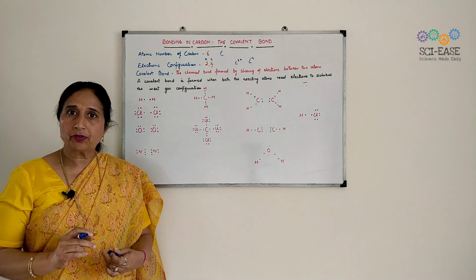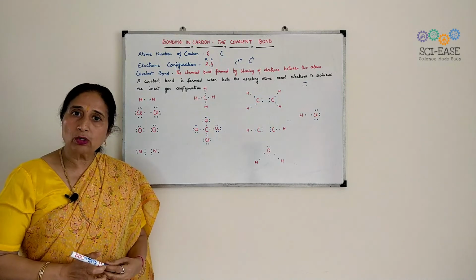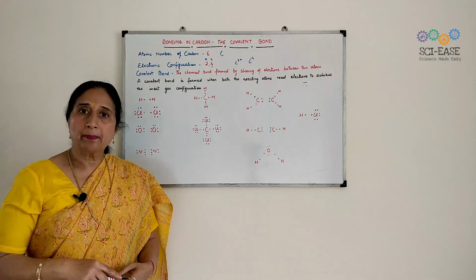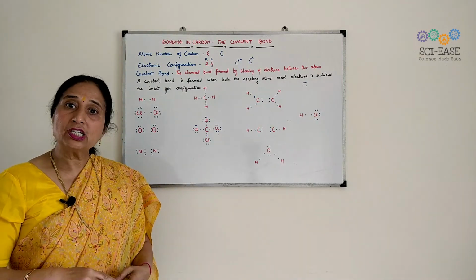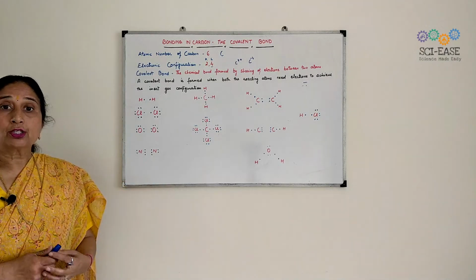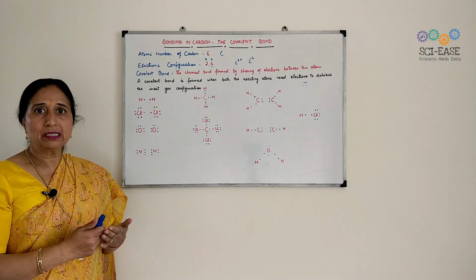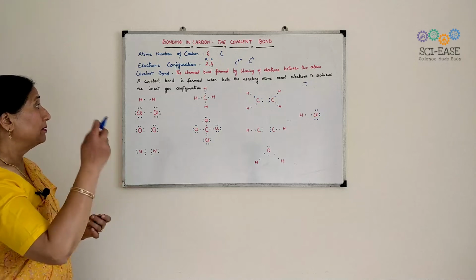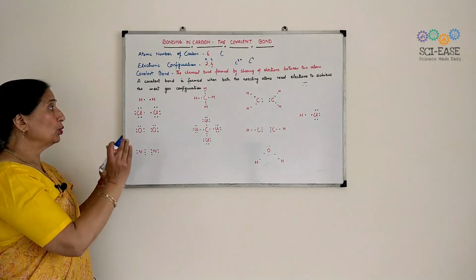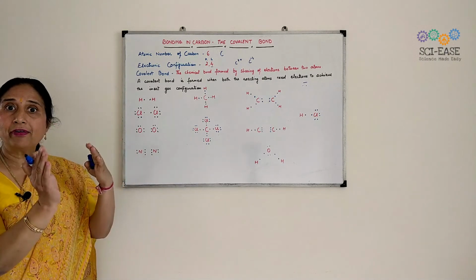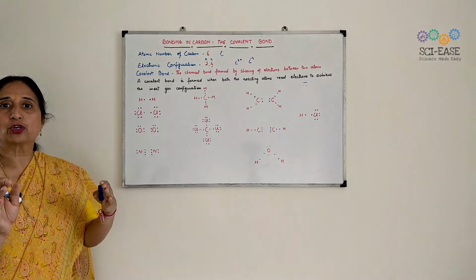Covalent bond is of 3 types: single covalent bond, double covalent bond, and triple covalent bond. So I will take the examples. Two non-metals will result in the formation of the covalent bond.